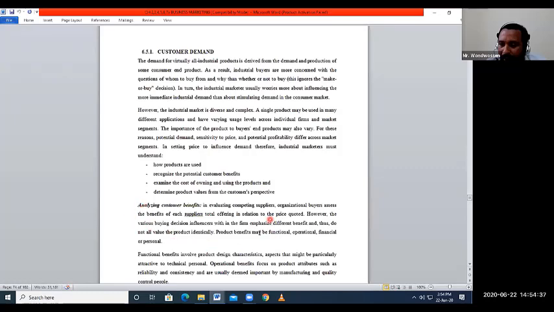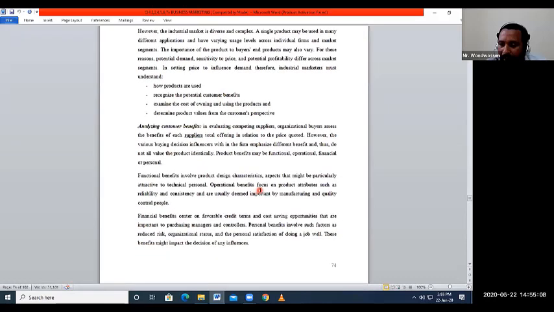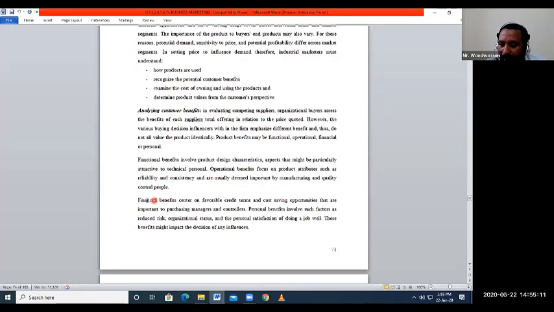So when we analyze the customer's benefit, we can consider functional benefits of the product in terms of design, in terms of other attributes, reliability, consistency of the product, the quality of the product, and so on. So these are the functional benefits of the product in terms of design. And the other benefit could be financial benefits of the product.